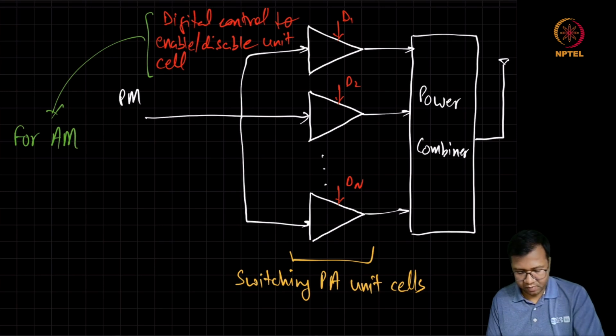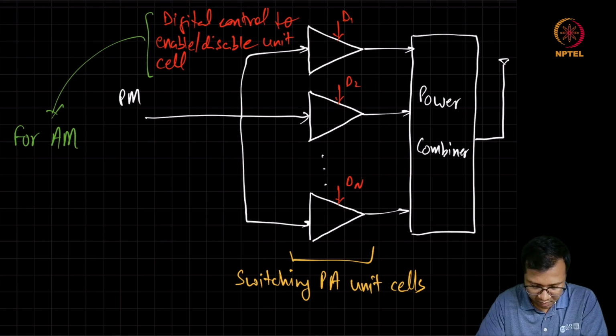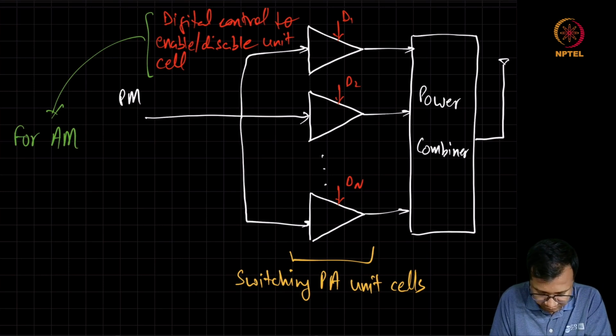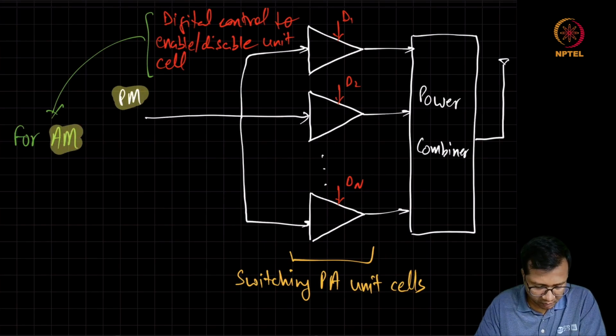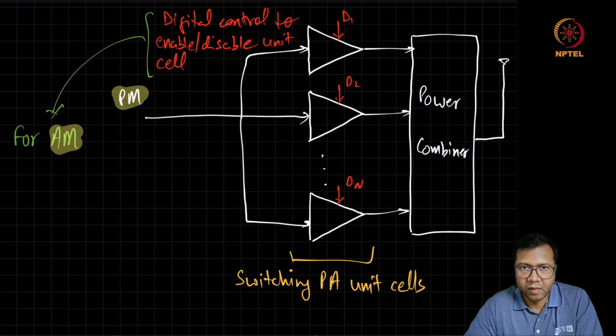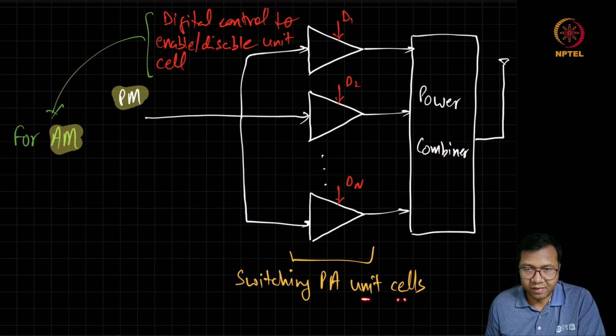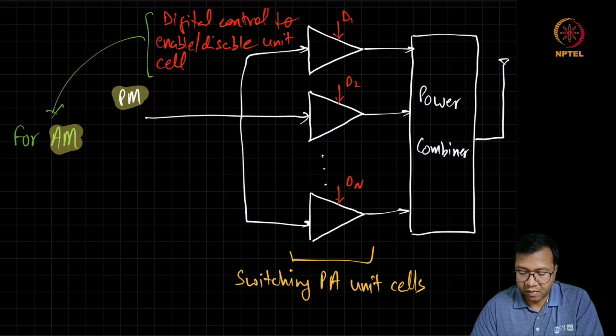We have got PM as well as AM. So this is the overall architecture of most of the digital PAs which are present in the literature, and there are different ways in which these unit cells are designed and the digital controls are added to the PA.